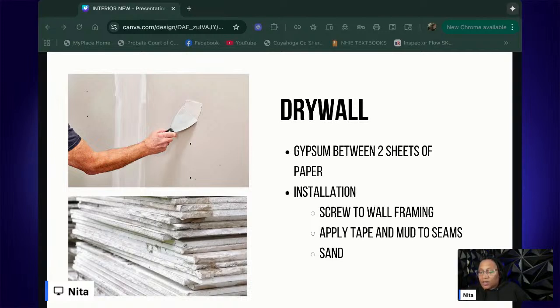And again, in terms of thickness, there's also what we call green board, which is a moisture resistant drywall that is often used in the bathroom. If you were to rip your shower out, you would likely have green board behind your shower tub, the tile, or your tub surround is what you would see.